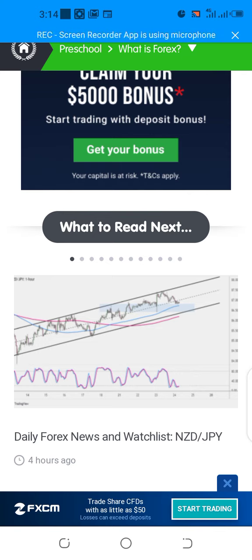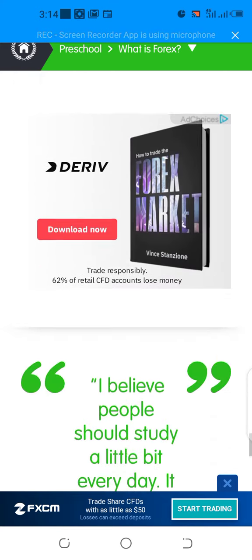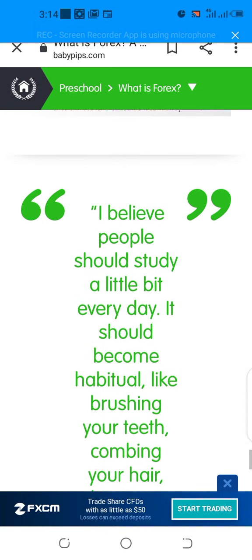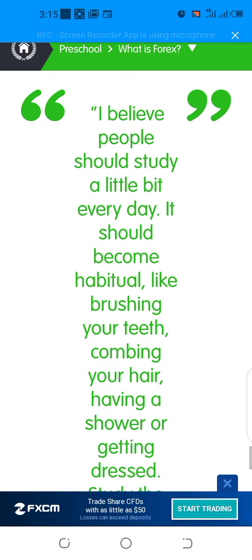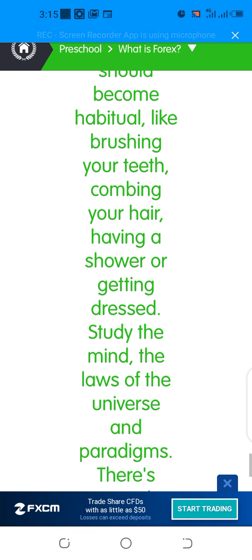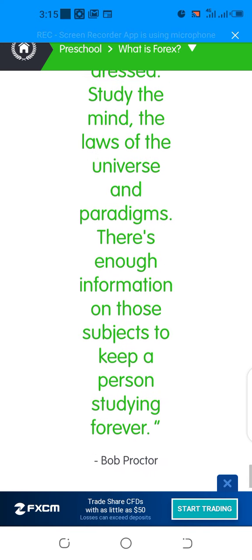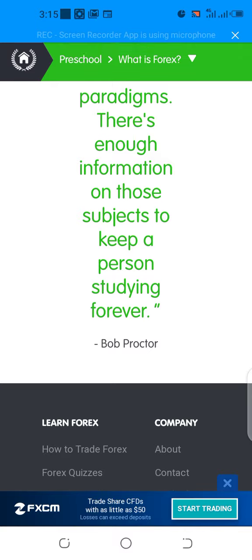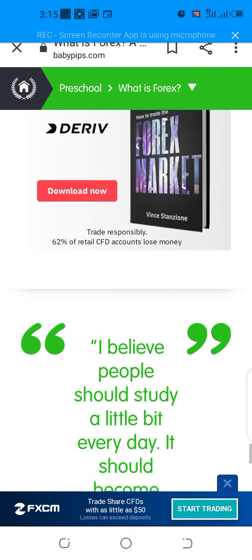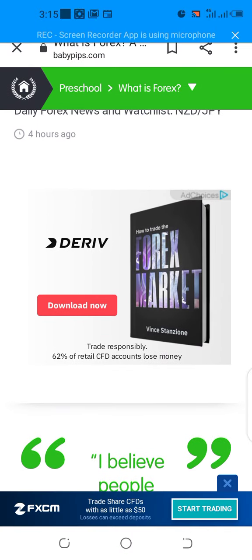The next subtopic is who trades Forex. Unlike the stock market that is traded via a centralized system, e.g. the New York Stock Exchange, the Forex market is decentralized and is traded by the following. 1, the biggest is the interbank market.